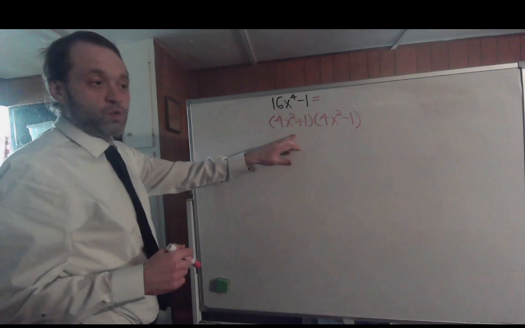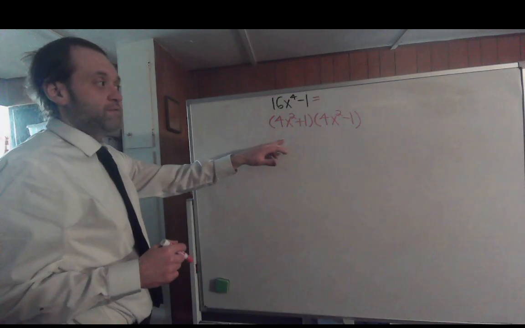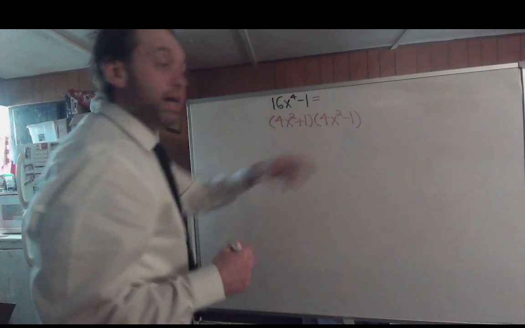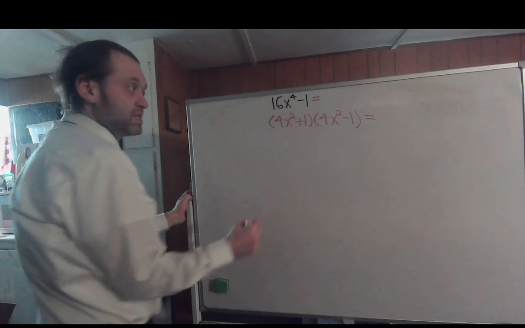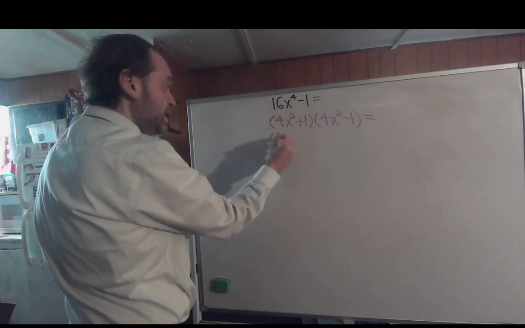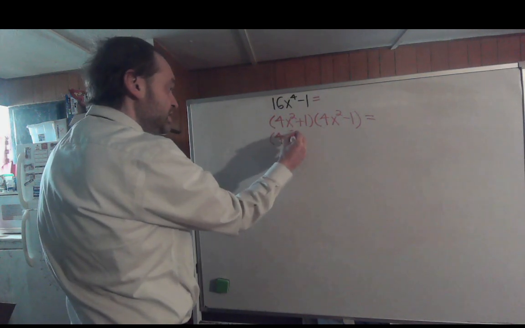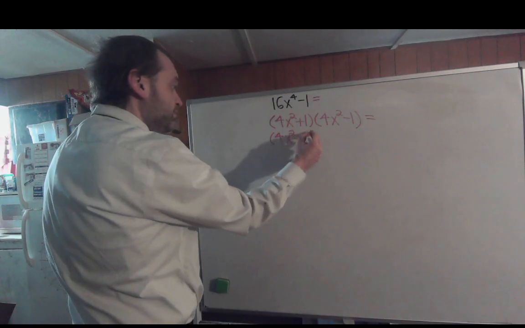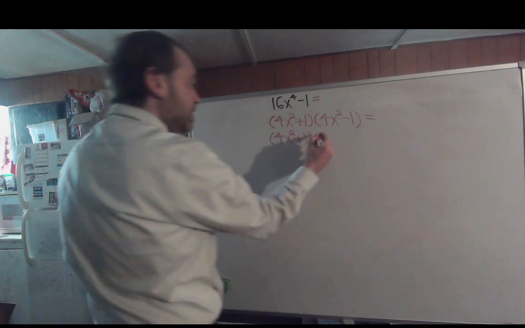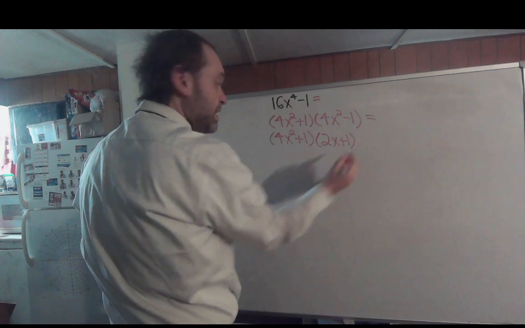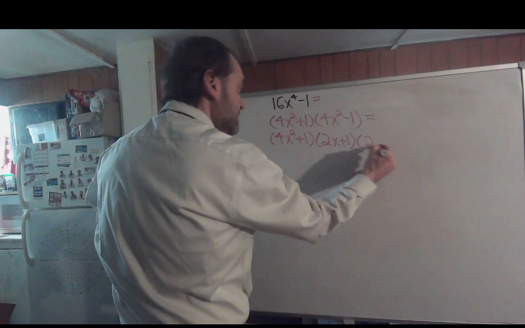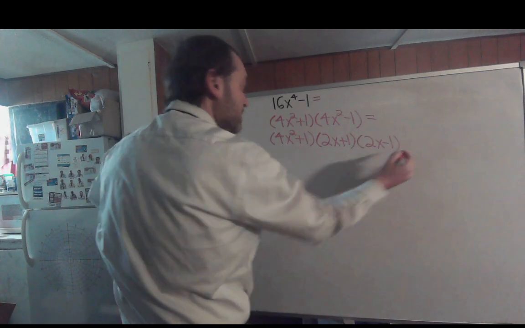Now the 4x squared plus 1 we can't factor any further, but the 4x squared minus 1 we sure can. The 4x squared minus 1 is a difference of two squares, so what you end up with for your factorization would be 4x squared plus 1, that quantity, times 2x plus 1, that quantity, times 2x minus 1, that quantity.